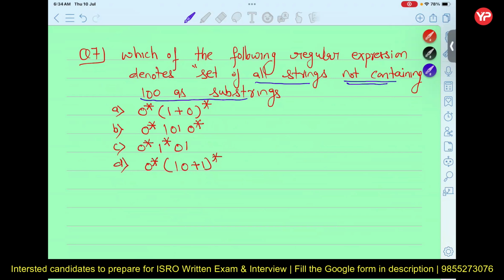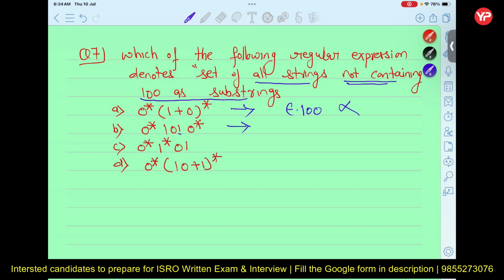Now, we require all the strings which don't contain 100 as a substring. Can I generate a string which contains a consecutive 100? Yes, by taking 0 star as epsilon, then from (1+0) whole star, that is a universal thing. So you can generate 100 from here. So this is not true. Next, 0*1010*.